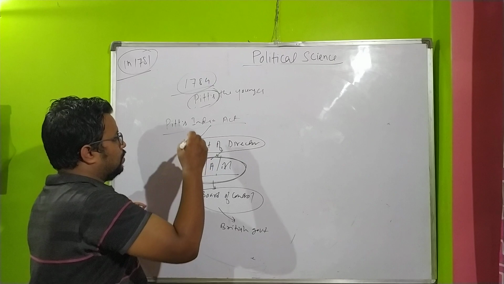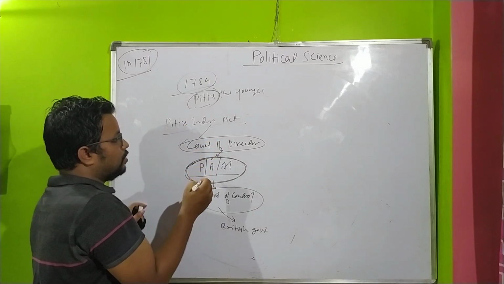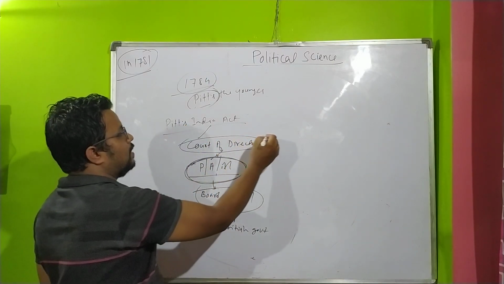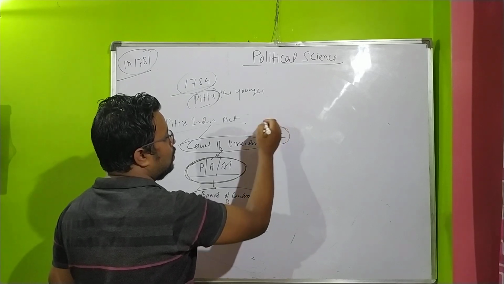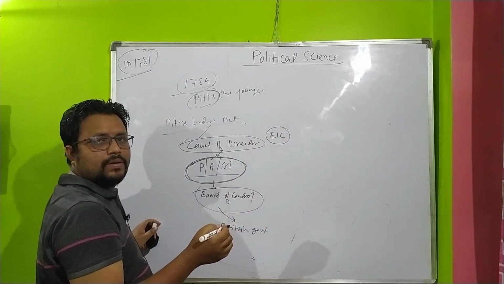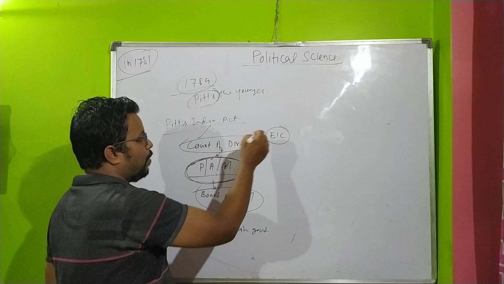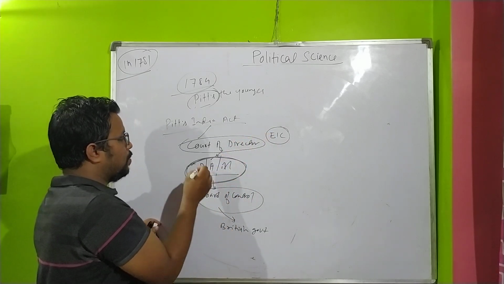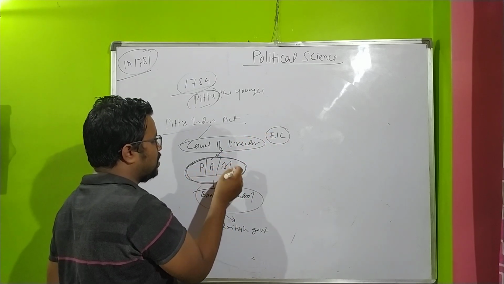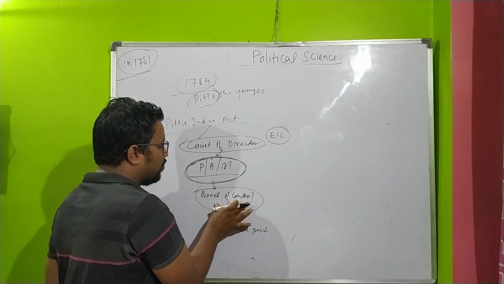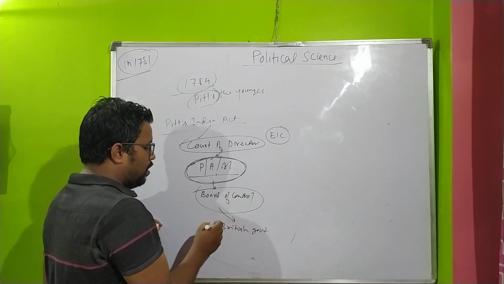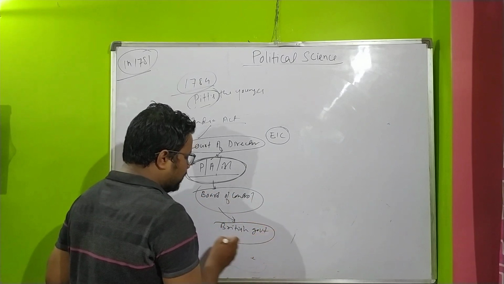So the power of the Court of Directors, which was established by the East India Company, was minimized, because the political, administrative and military functions were transferred to the Board of Control, which will be appointed by the British government.